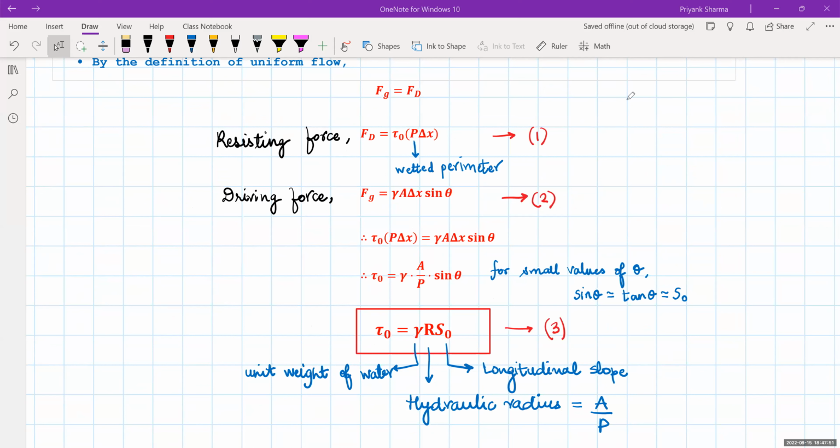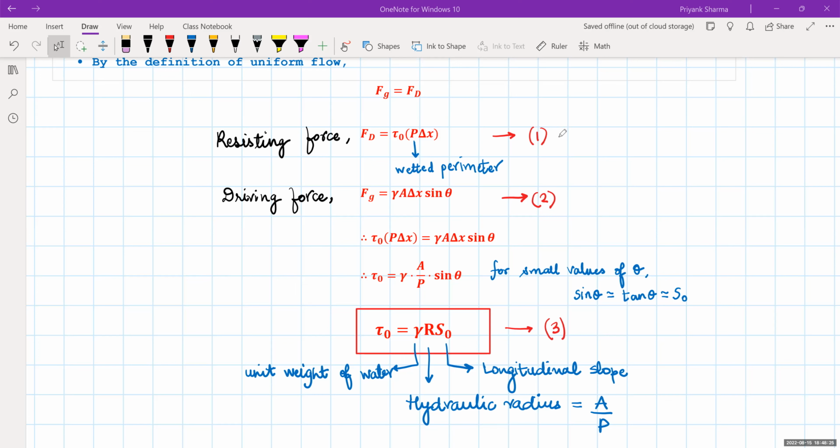Now what are the resisting forces? The resisting force is Fd equal to tau naught P into delta x, where P is your wetted perimeter and delta x is the length you have taken, the elementary strip. Similarly, the driving force is gamma A delta x into sine theta, where gamma is your unit weight of water, A is your cross-sectional area of flow, and sine theta signifies the component in the direction of gravity.